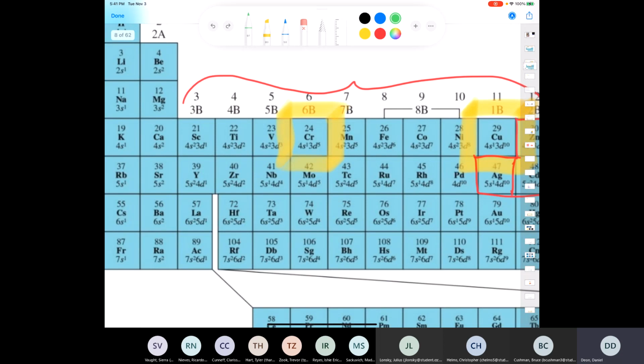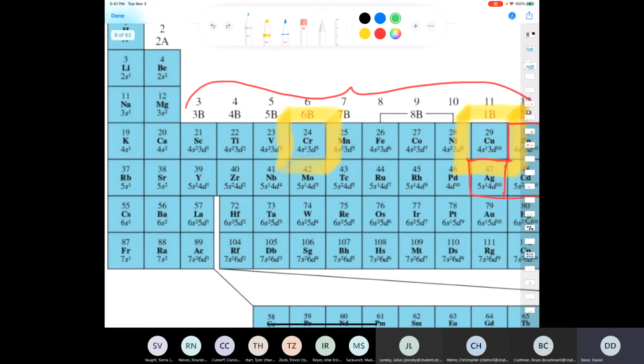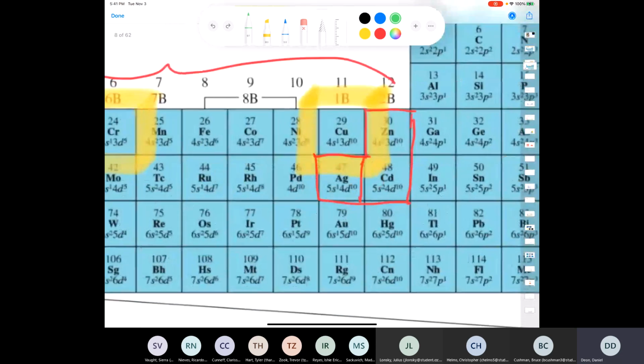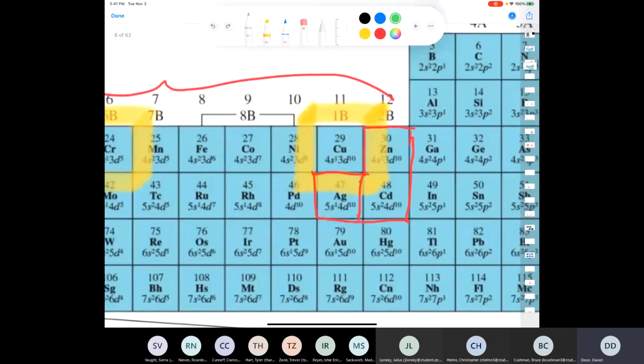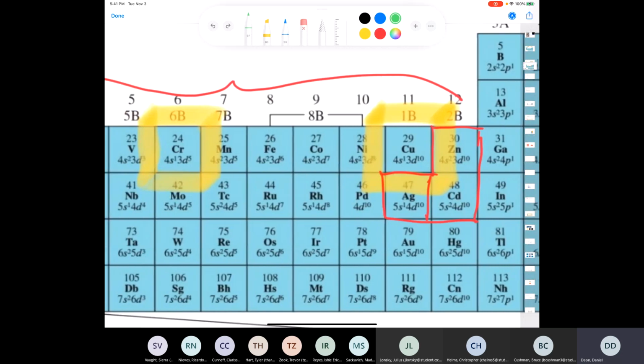So you see that that exception or that rule doesn't hold true for tungsten. Let's look below copper. You can see that silver follows the same rule as does gold. So it's kind of weird in a way that the rule applies to chromium, molybdenum, not tungsten. Okay, it applies to copper, silver, and gold.